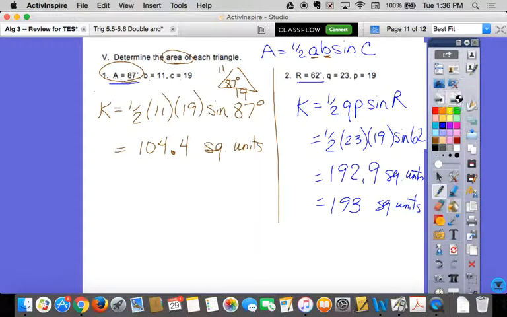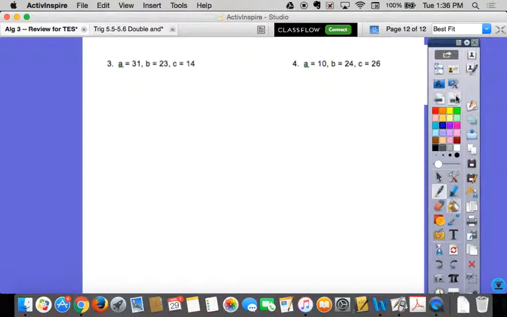Then you have two more. Well, these only give you 3 sides. On the 3 sides, you have to use Heron's formula. It has 2 parts to it. The very first part is you have to figure out what S is. S is computed by adding all 3 sides together and dividing by 2, not 3, divide by 2.